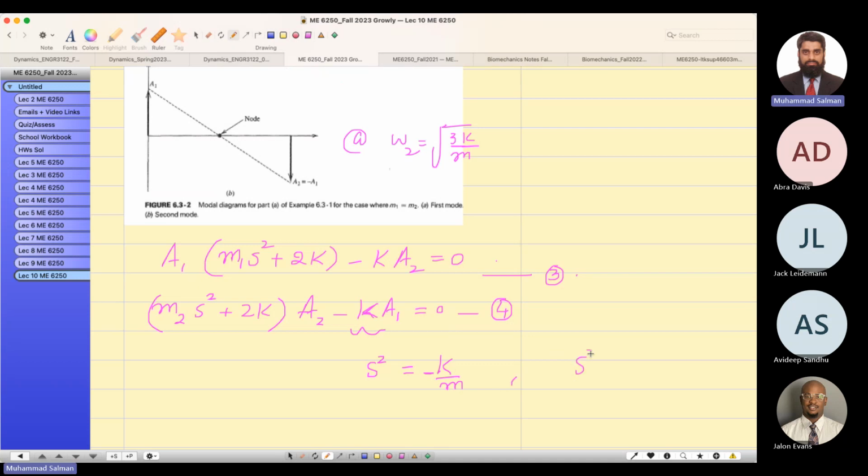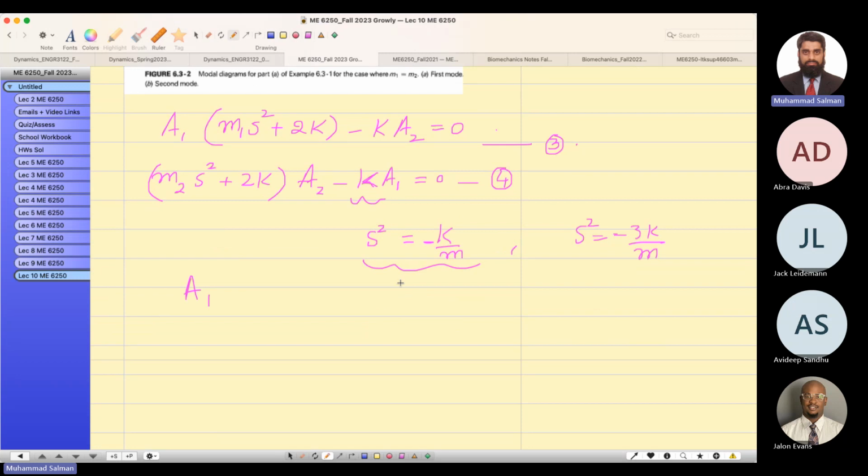And the other s square is negative 3k over m. Can you plug it in? Let's do it for this frequency. Can you plug in A1? I'm going to plug in A1.